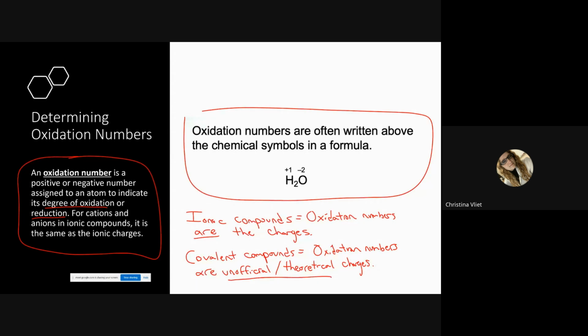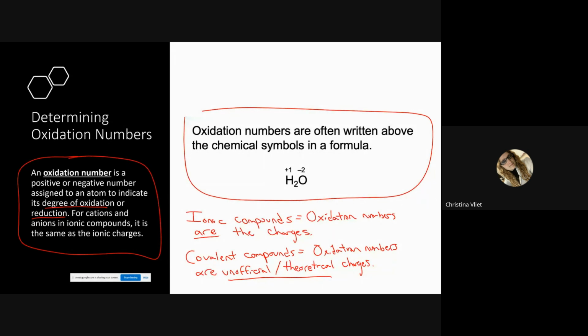So I'll give you some time because there's the definition, the example of how to write them, and what I've added, which is really important. In an ionic compound, we're literally going to be looking for the charge, and that is the oxidation number. So if sodium has a +1 charge in a compound, it also has a +1 oxidation number.